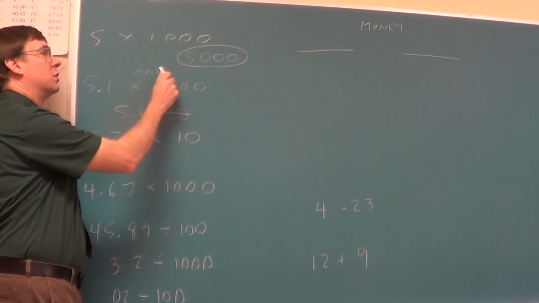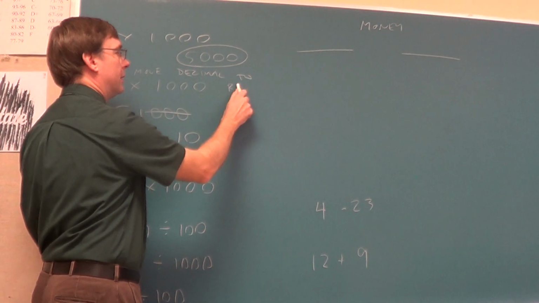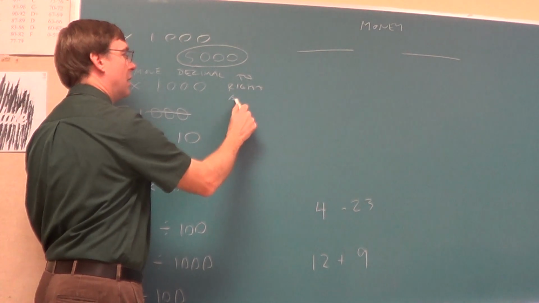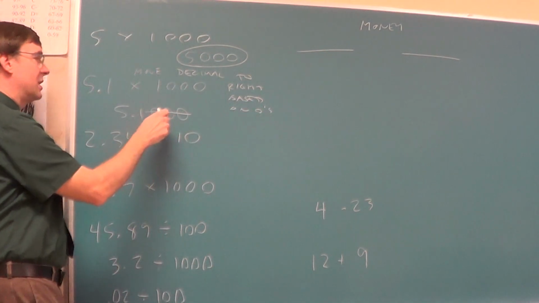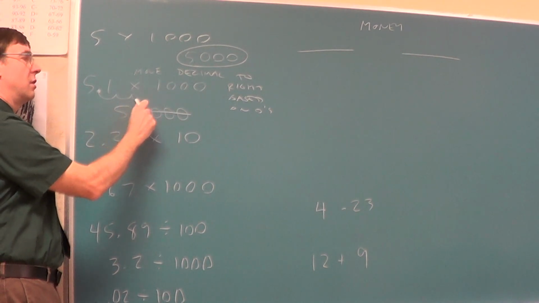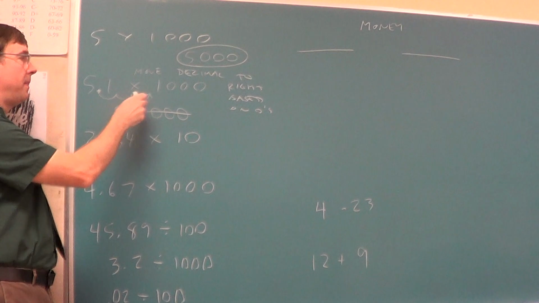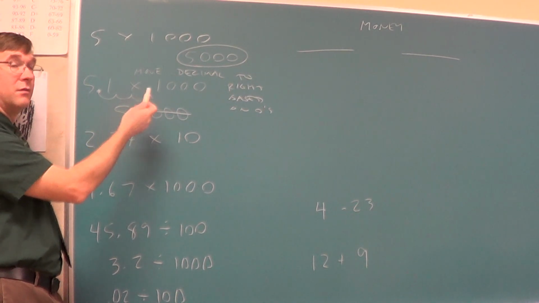What we're going to do is move the decimal point itself to the right based on the zeros you see. So since I see 3 zeros, I'm going to take this decimal and bounce it to the right 3 positions. That's going to make some empty positions. What should I do with the empty positions? Fill zeros in.